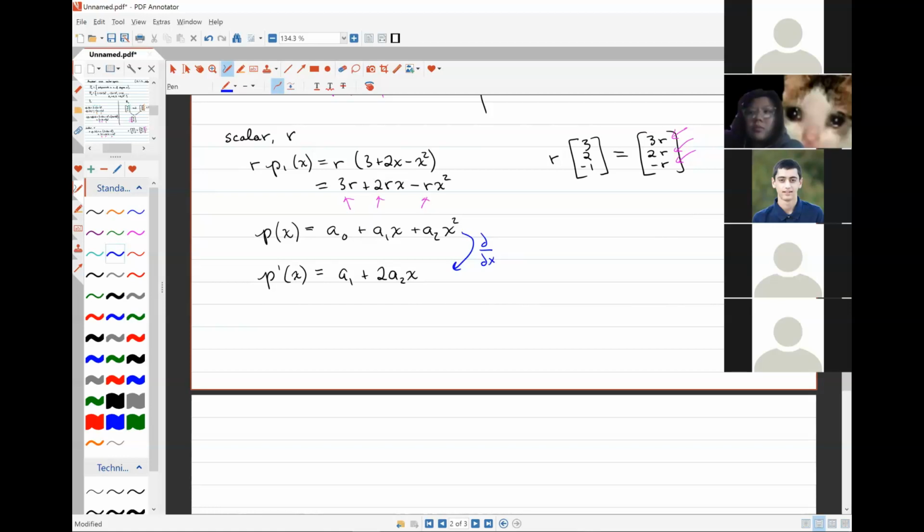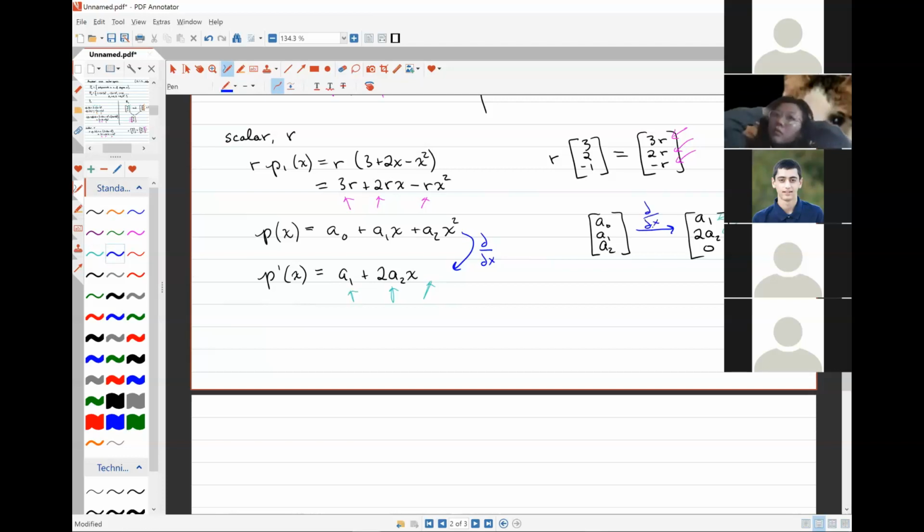And so that d by dx process is taking my vector a0, a1, a2 and transforming it into another vector, sorry, I keep doing this backwards, a1, 2a2, and 0, right? Because this is a1 plus 2a2 x plus 0 times x squared.